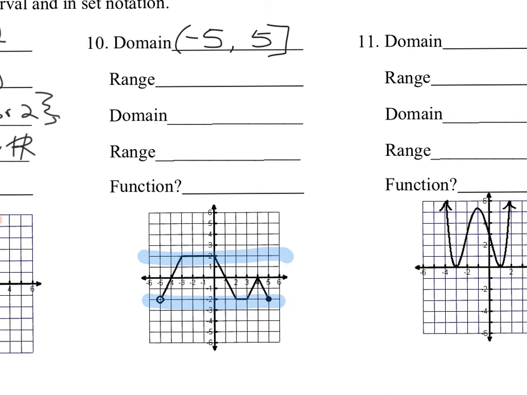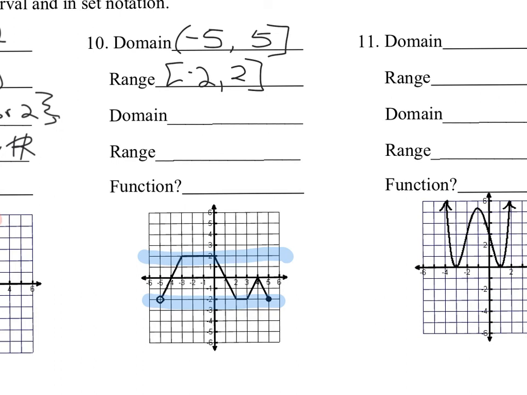Well, if there's at least one closed circle, we're going to say that we include that value. So we're going to include -2 and include +2, because we have a filled in line right there and we have to include those values.